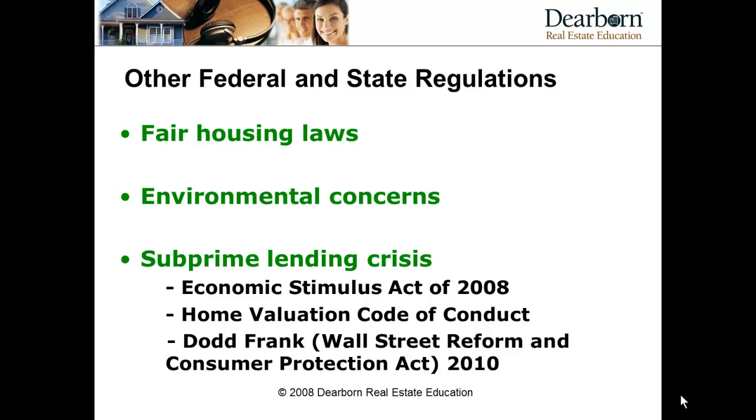The Fair Housing Amendments Act, effective March 12th, 1989, quote, prohibits discrimination in the selling, brokering, or appraising of residential real property because of race, color, religion, sex, handicap, familial status, or national origin. And so the impact certainly for appraisers is obvious in terms of not letting bias into determining the value of a property.